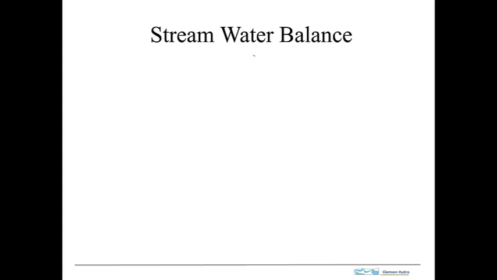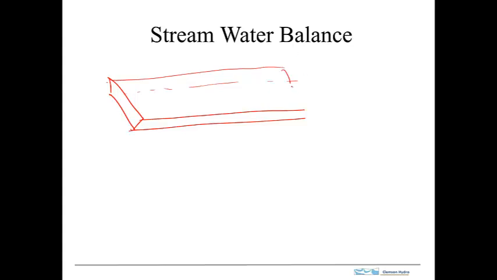What I want to draw here is another balance, and in order to do this, I'm going to look at the stream in cross-section, going perpendicular to the cross-section that we just saw. So let's say the stream looks like this. Okay, and we've got some flow coming in and some flow going out, and we've got some groundwater discharge.